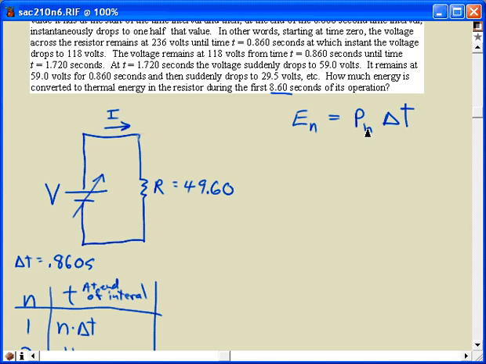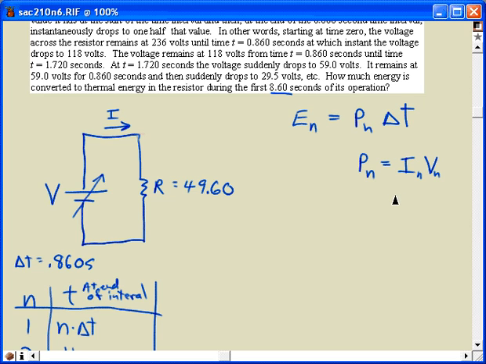So the power keeps on dropping because the voltage drops. The power during a given time interval is the voltage during that time interval times the current that's good for that time interval. So it's I times V, but for that particular time interval.